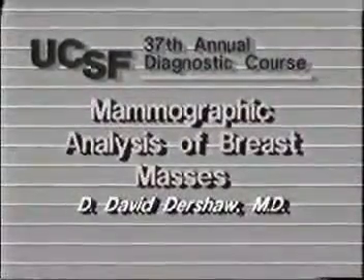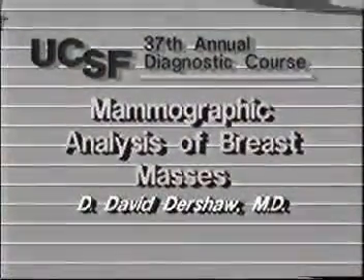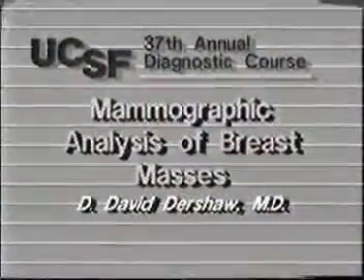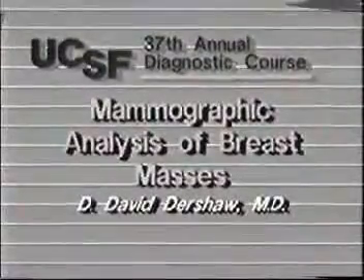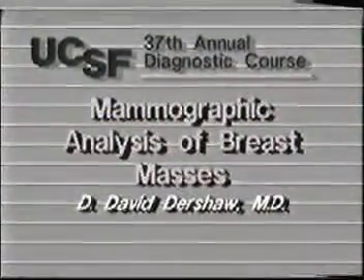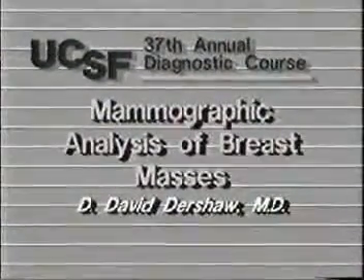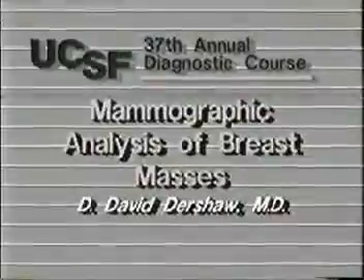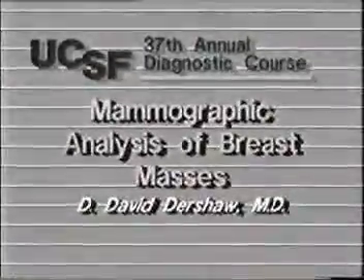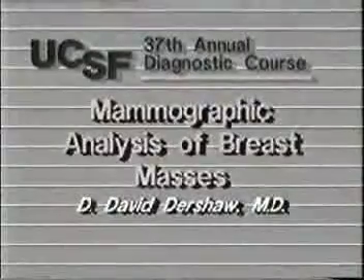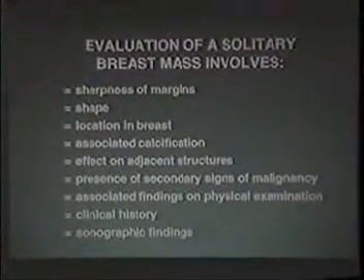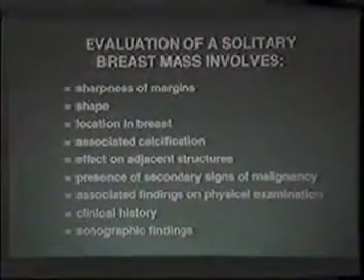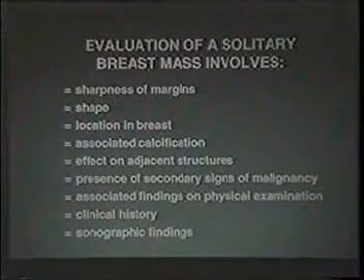The evaluation of the solitary breast mass involves an assessment of the sharpness of the margins of the lesion, the shape of the lesion, and the location of the lesion in the breast, first of all, so that we can describe it on the report, and secondly, because every lesion that's on the mammogram is not really in the breast tissue, of course. Some of it can be in the skin, some of it can be in the subcutaneous tissue, some of it may be up in the axilla.